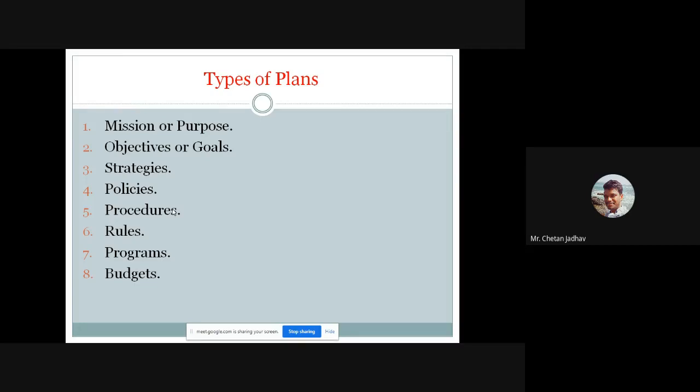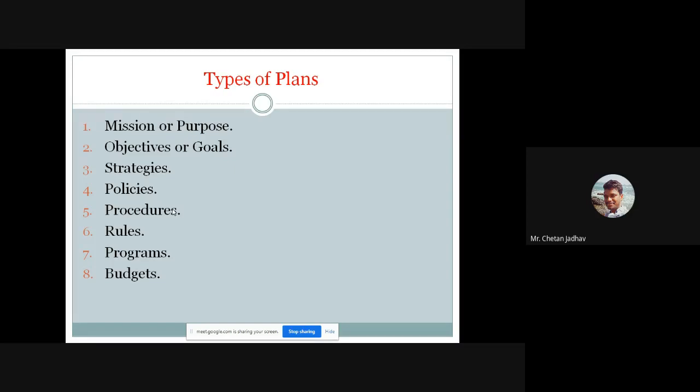Their mission, motto or purpose of developing that primary school is to make the desired output, to make the village students scholar students for their better future. Like this, you can make different plans for your organization.